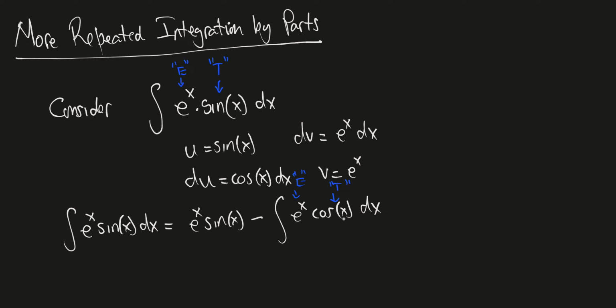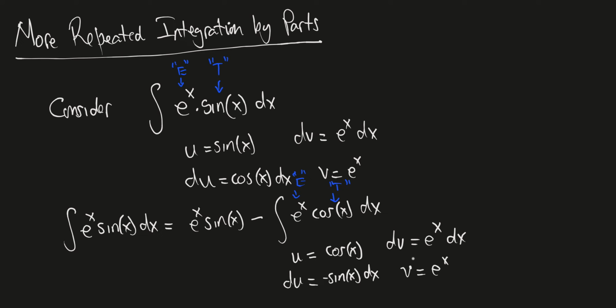The only difference is this one is cosine, right? So our u will be the trig function cosine of x, and the dv again will be e to the x dx. When I differentiate cosine now, I'll get negative sine x dx. And when I integrate e to the x again, I'll get back e to the x.